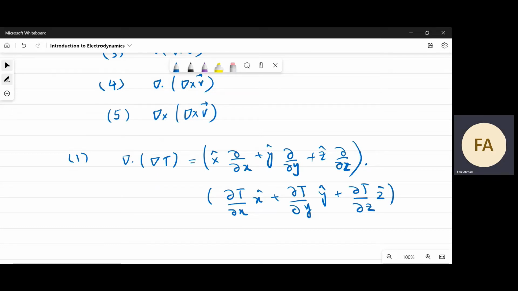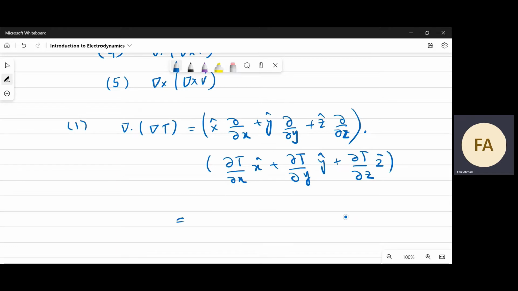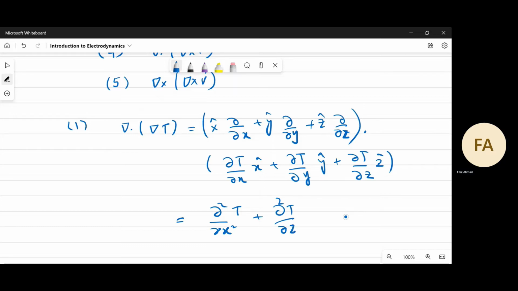So this is the gradient of t, and when we take the dot product, it turns out to be partial squared t over partial x squared plus partial squared t over partial y squared plus partial squared t over partial z squared.